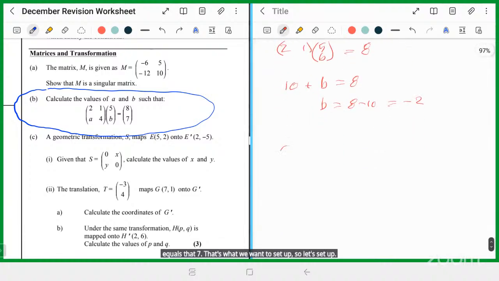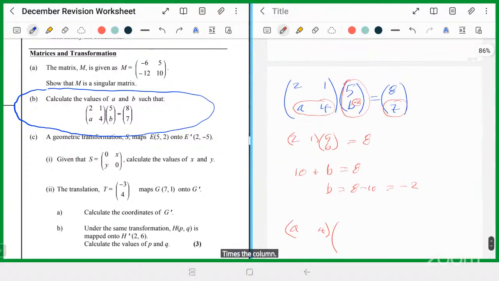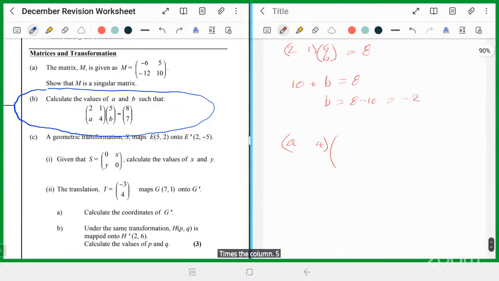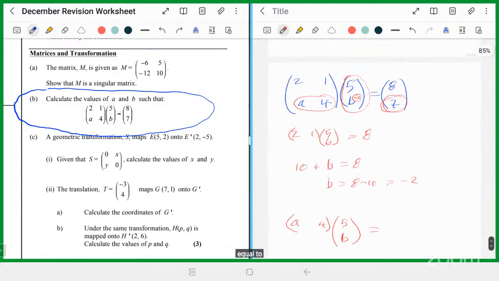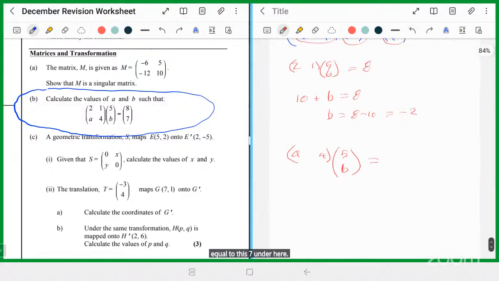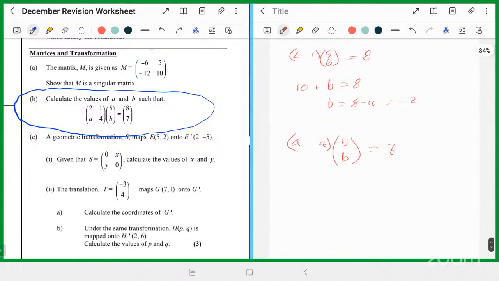So we can say A 4 times the column 5B is equal to this 7 under here. That is it. Remember that this B is negative 2 now.